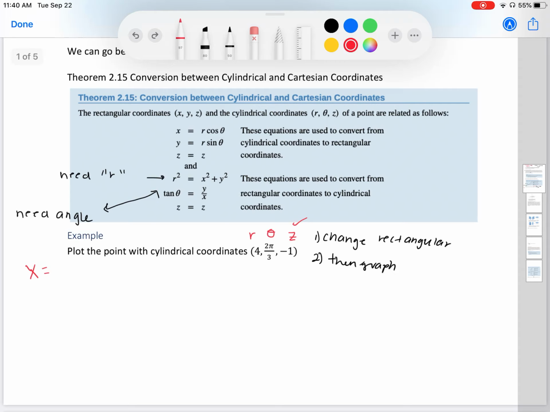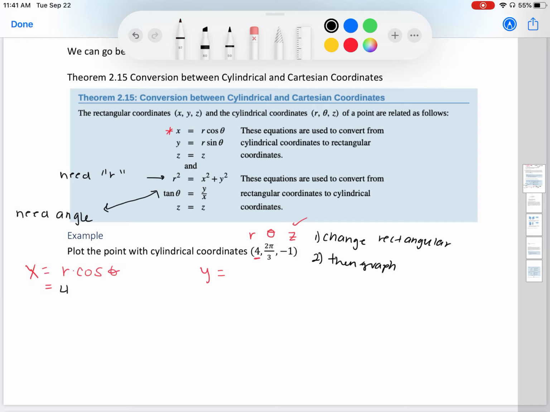Well, we have a formula to find x right above. To find x, we use r cosine theta. Do we have an r? We do. That's the 4 from our cylindrical coordinates.